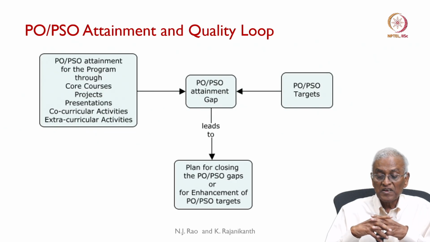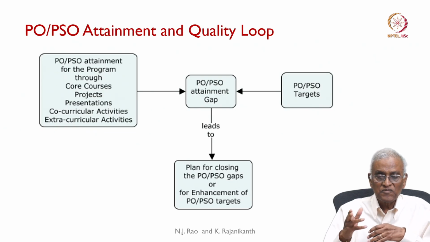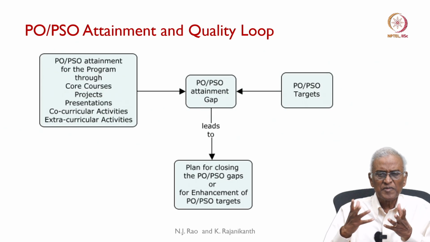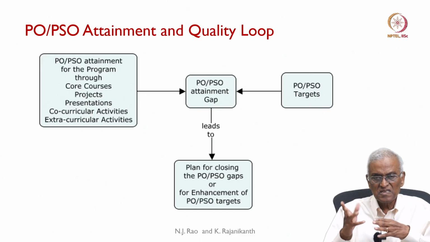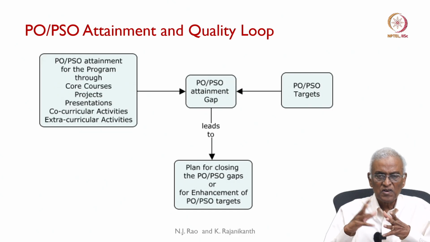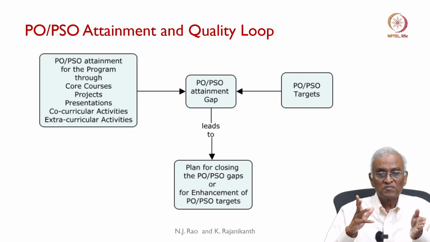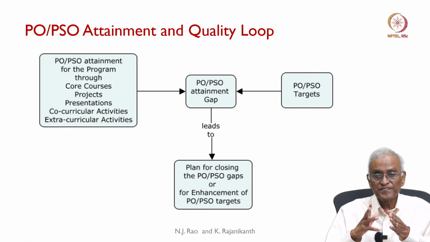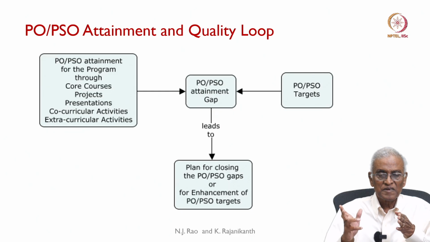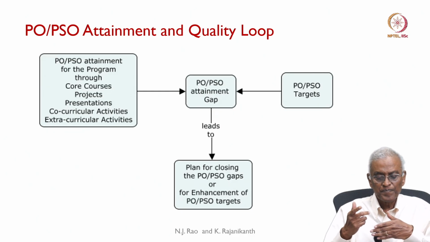And then you set some target for PO-PSO. It can be in percentages or it can be 0 to 1, whatever target you set. Then you compare the PO attainment you have computed against the target, and there will be a gap, a positive gap or a negative gap.